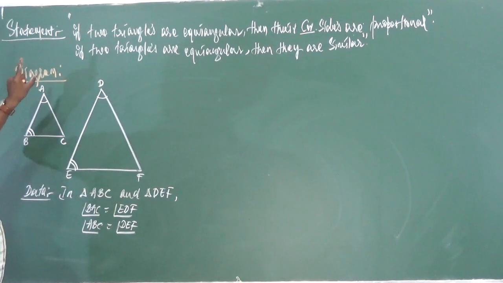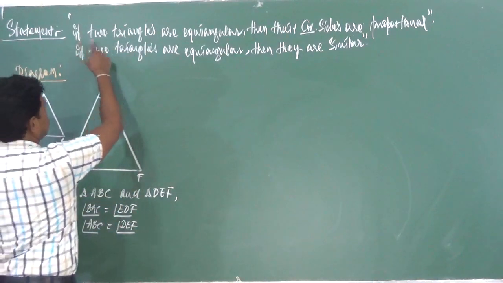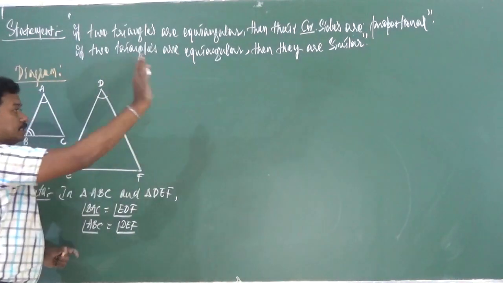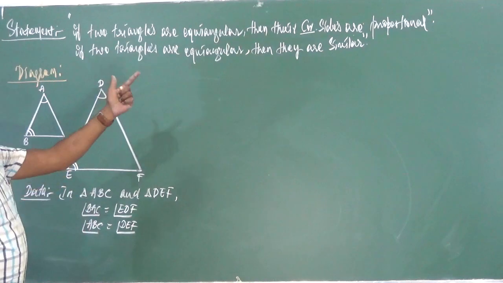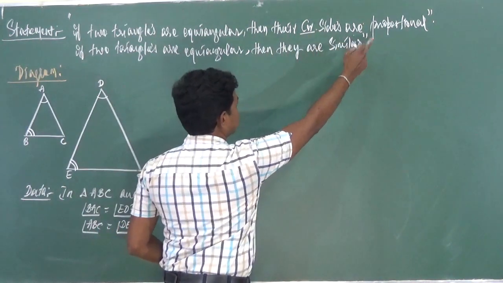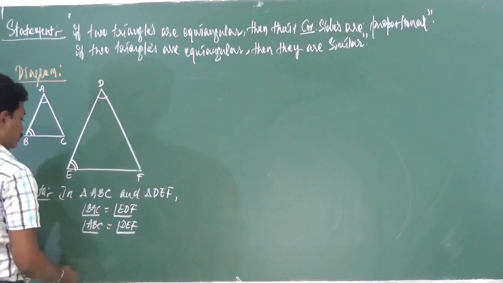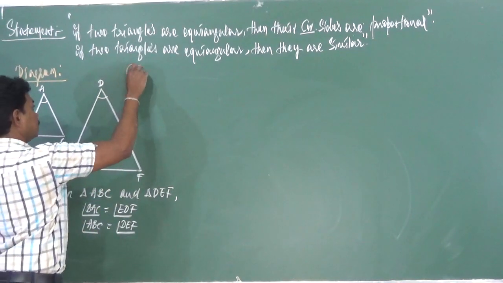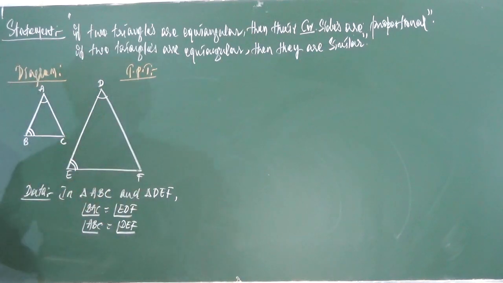Now, using the hypothesis part of the statement, in both the statements, if two triangles are equiangular, the hypothesis is the same. We will read the conclusion part of the statement. Then their corresponding sides are proportional. So you have to prove that their corresponding sides are proportional.